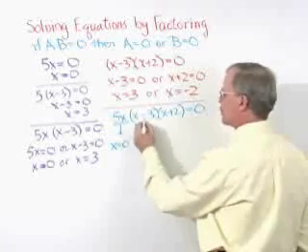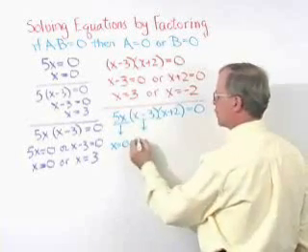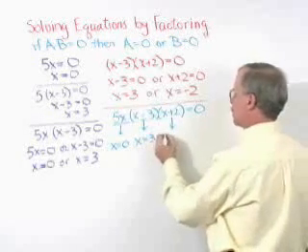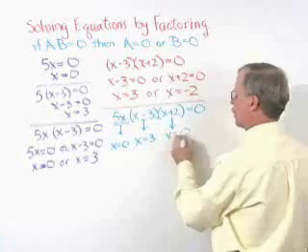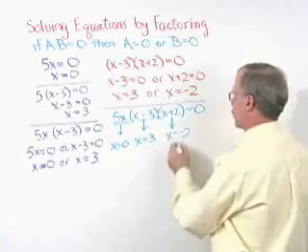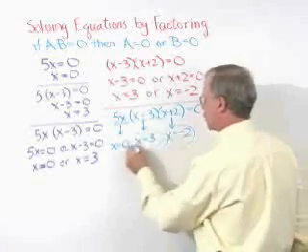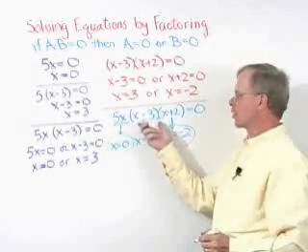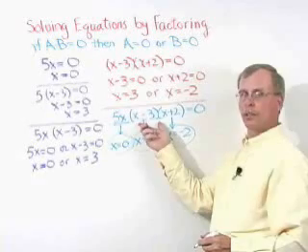This factor we've seen before. We know that that means that x equals 3. And this means x equals negative 2. So the zero factor property helped us decide what the solutions to this factored form equation turned out to be.